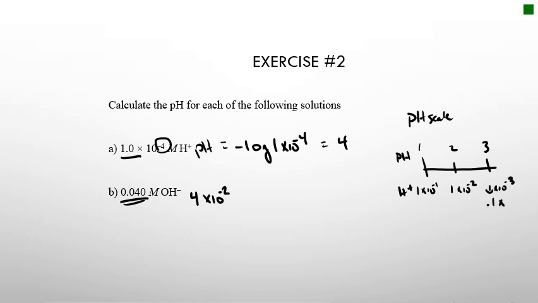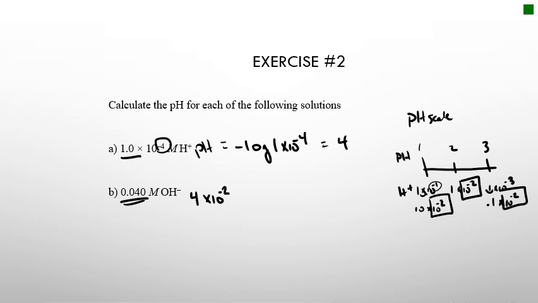So I'd have 0.1 times 10 to the minus 2. With the pH of 1, because that's a negative 1 for that concentration, I'm going to shift the decimal over to the right 1 spot. So I could rewrite that as 10 to the minus 2.